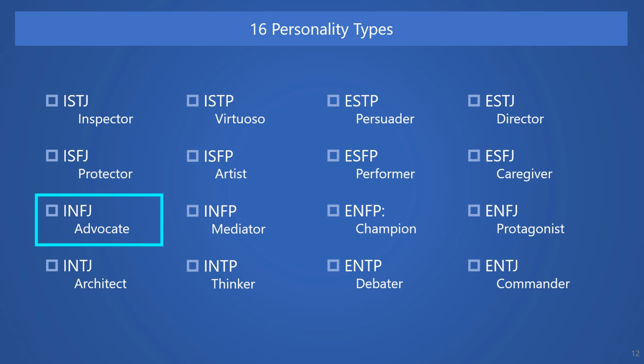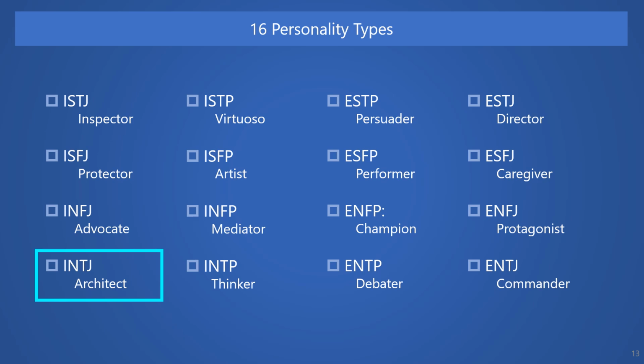INFJ. Introversion, intuition, feeling, judging. The advocate. Insightful, inspiring, compassionate. INTJ. Introversion, intuition, thinking, judging. The architect. Strategic, logical, innovative.